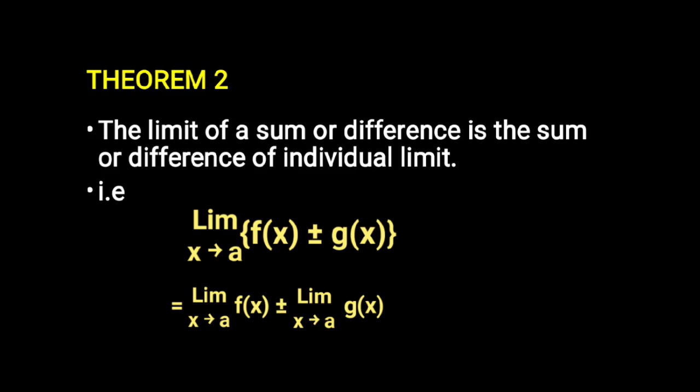That is, limit of f of x plus or minus g of x when x approaches a is equal to limit of f of x when x approaches a plus or minus limit of g of x when x approaches a.